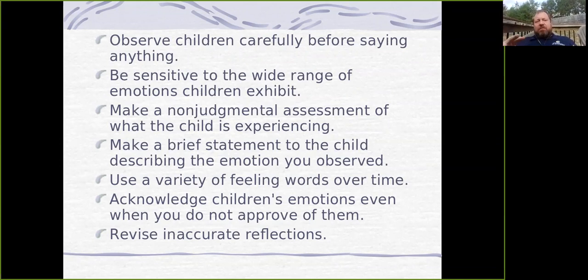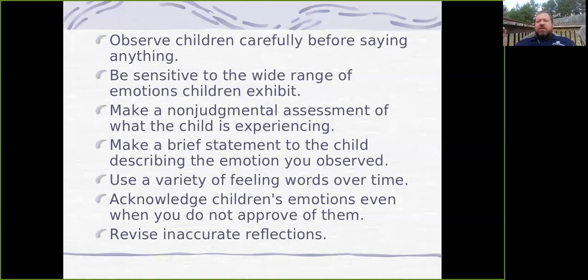But there's a secondary purpose here too, just as there was with the other kinds of reflections, and that is to add to children's emotion vocabulary to foster their emotional development by helping them to recognize and label their own emotional states and the emotional states of others.